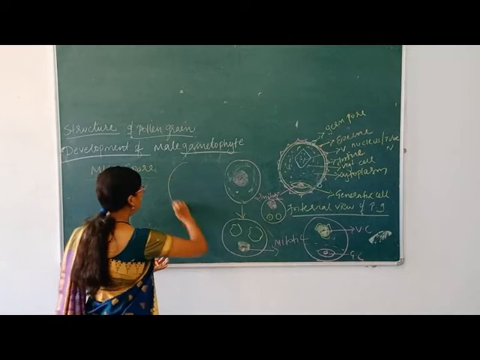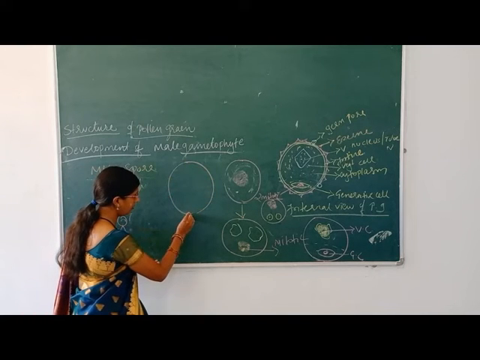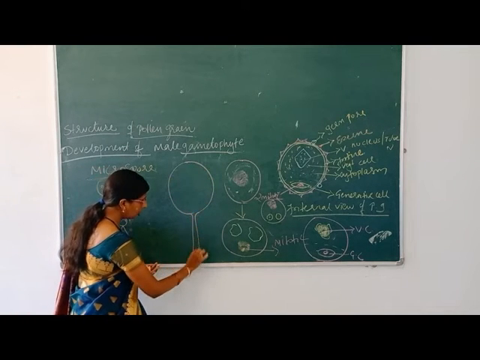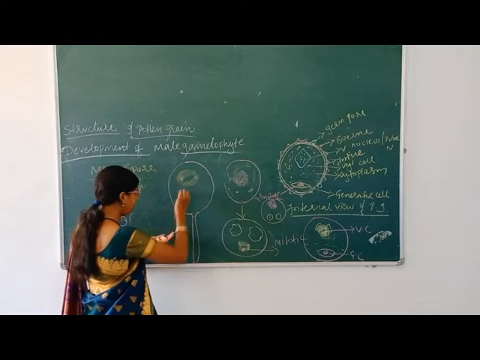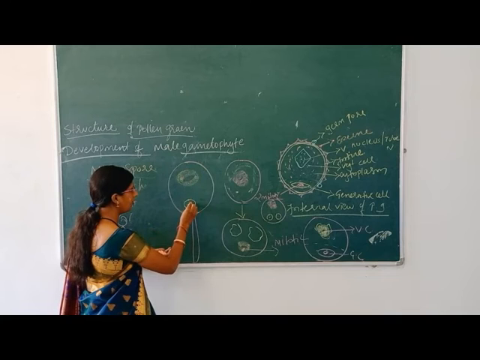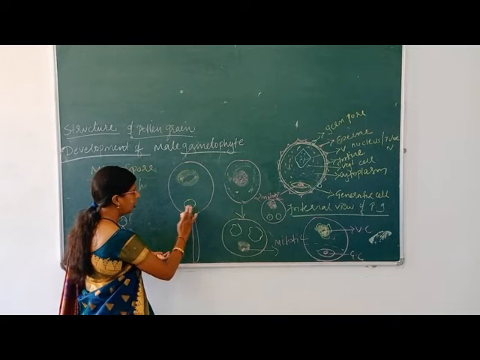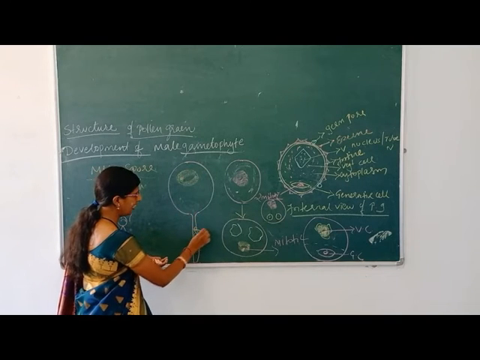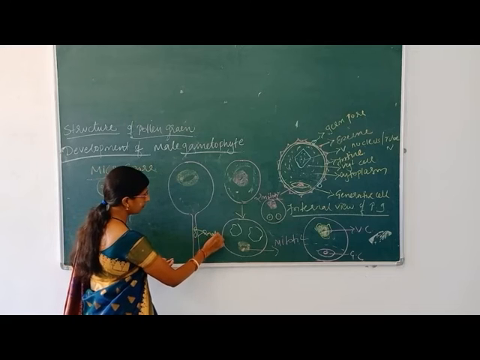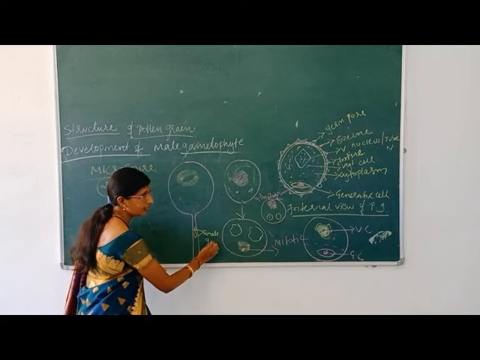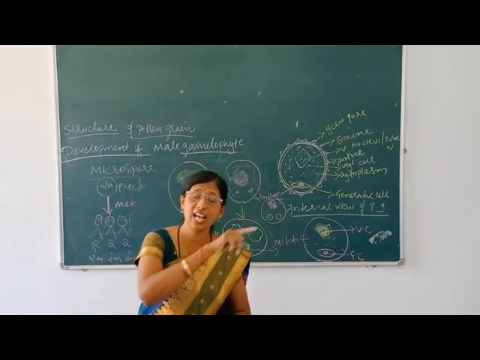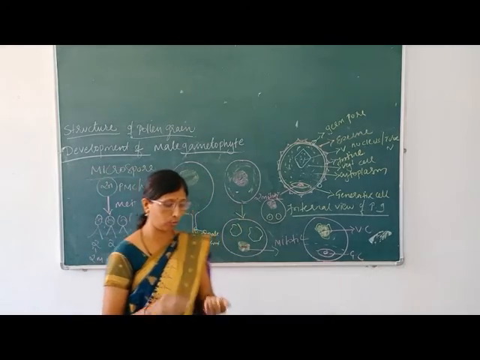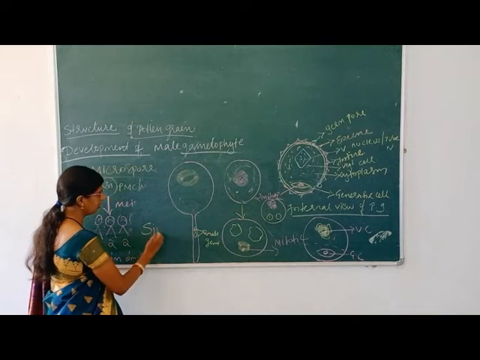So this is the intine where the pollen tube germinates. This is the vegetative cell and this is the generative cell, which divides to form the 2 male gametes.